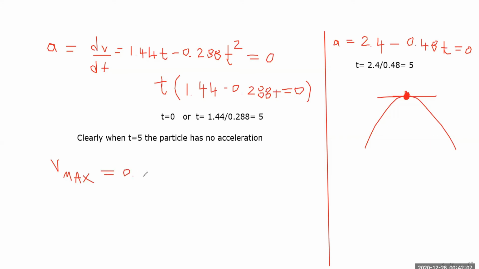So the maximum velocity V max, we just need to plug in t being 5 in the formula, 0.72 times 5 squared minus 0.096 times 5 cubed. Let's work this out, and that gives us V max. 0.72 times 5 squared minus 0.096 times 5 cubed, that is 6.